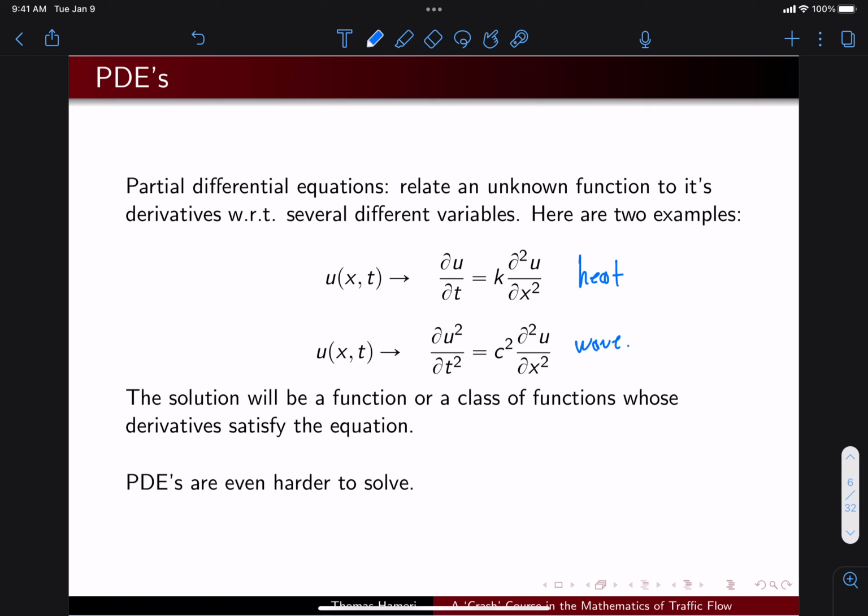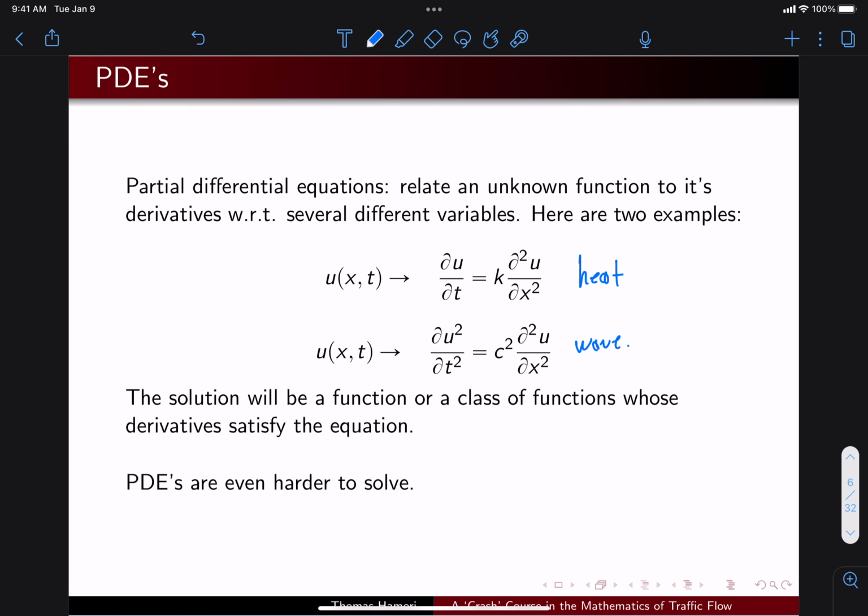And they're even harder to solve. In fact, there are vanishingly few partial differential equations which we can actually just go ahead and solve. Most of the time, we're relegated to approximating techniques. Or maybe we can say as much as, there is a solution. I don't know what it is, but I can say that there is one. Or something like this.